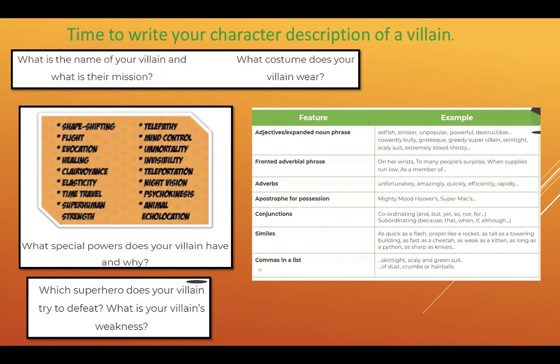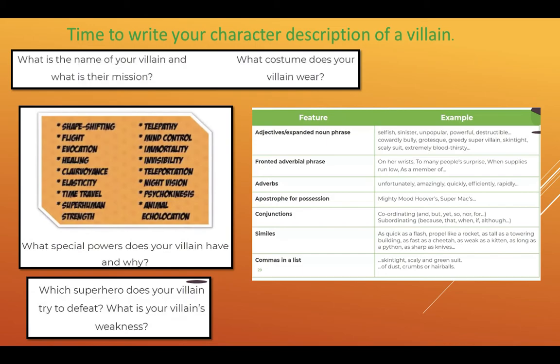Okay, and then you've got fronted adverbials, like on her wrist, to many people's surprise. When supplies run low, as a member of, could be all of a sudden, suddenly, without warning. Those are all fronted adverbials. Excitedly, they all help.